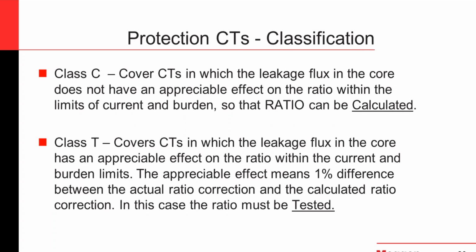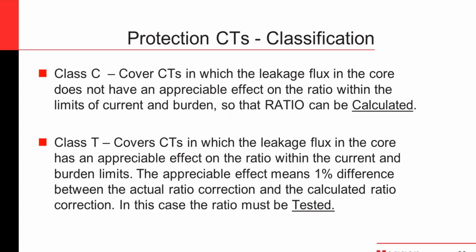One is called a class C, and the other is called a class T. On a class C type of CT, the leakage flux, I talked about the magnetizing current, and I'm going to answer Mr. Matthews' question as well, the leakage current on the core of the CT is negligible. So you can calculate the ratio of the CT.